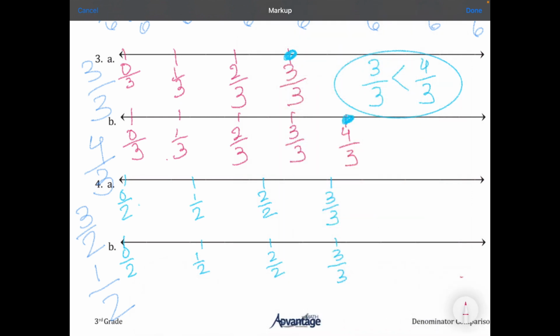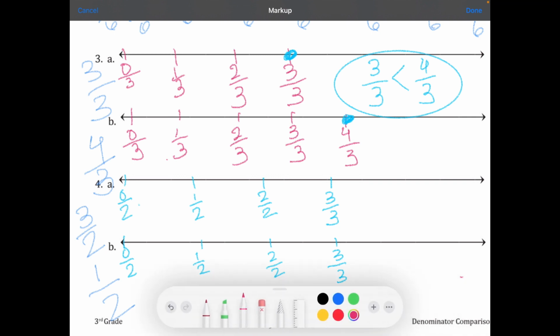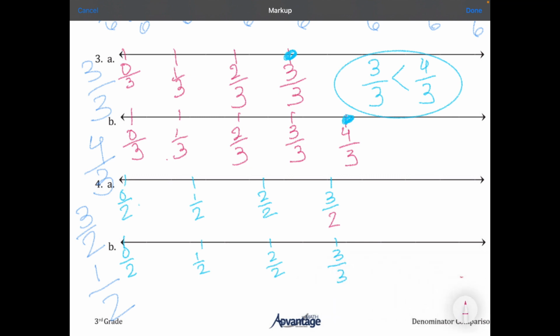Ooh, I can see where I made a mistake already, because it is not 3 thirds, it is 3 halves. So I have 3 halves right here, and then I have 1 half over here. So my problem would look like 3 halves is greater than 1 half.